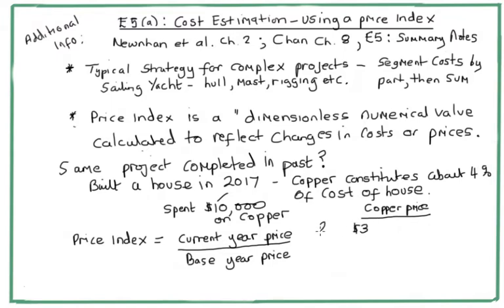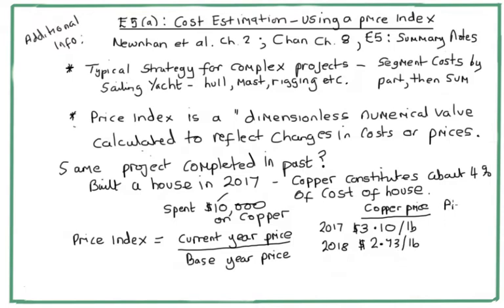In 2017, copper cost $3.10 a pound, and in 2018, copper had actually fallen in price, which would be good news if you're building a house, to $2.73 a pound.